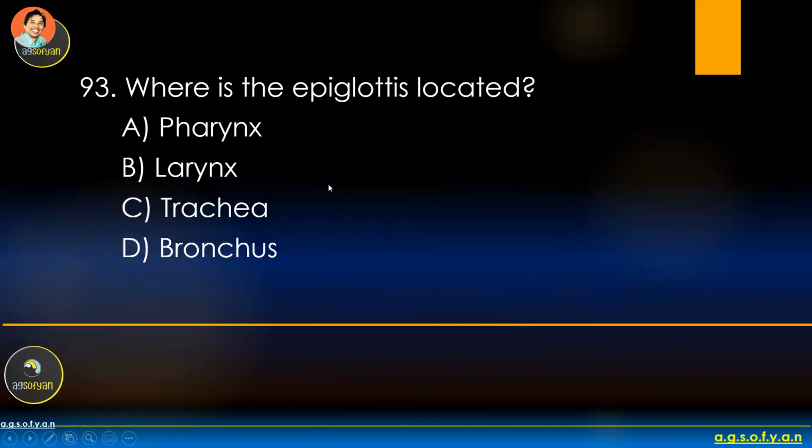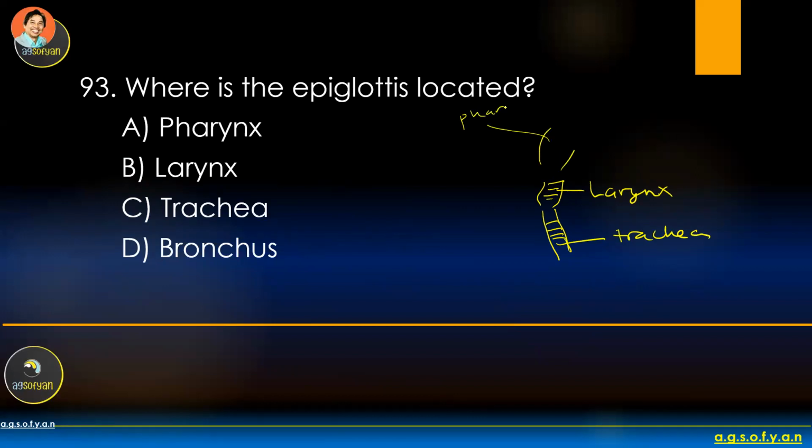Where is the epiglottis located? Pharynx, larynx, trachea, or bronchus? We already mentioned that before. Larynx, over here, continues as the trachea. Above that, there is an area called the pharynx that has both food and air.